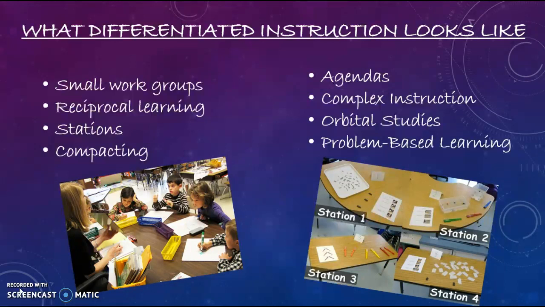Okay, the next one, using stations. This involves setting up different spots around the classroom so that the kids can work on various tasks. These stations should be flexible because students rotate in and out on their own.